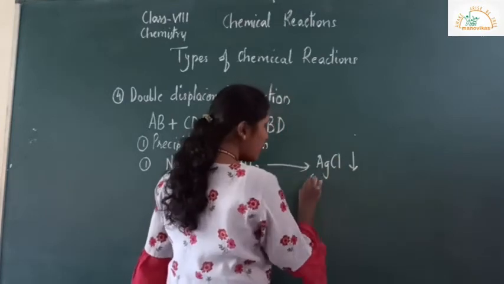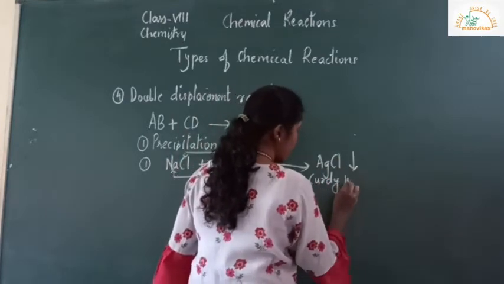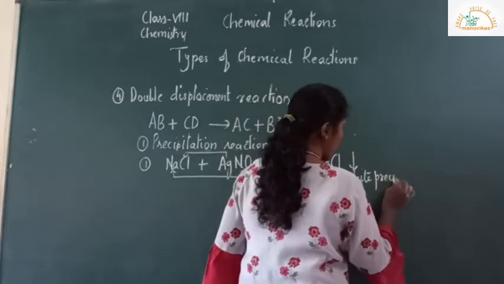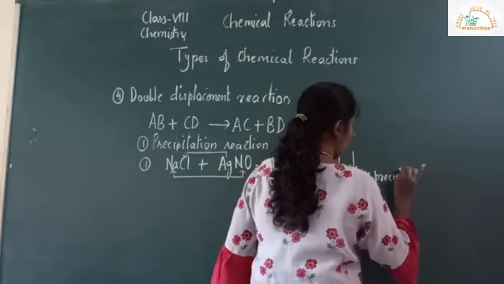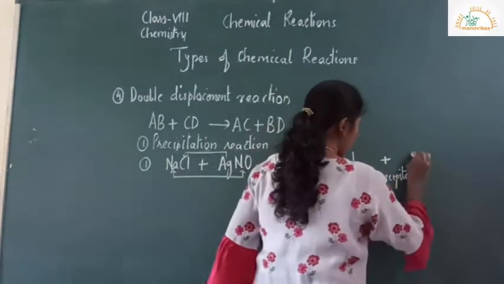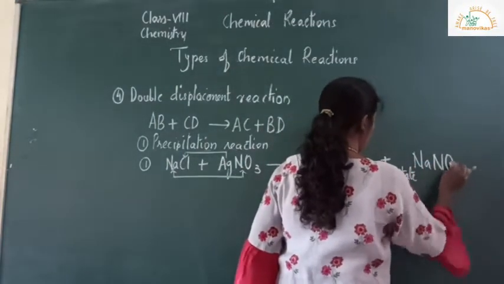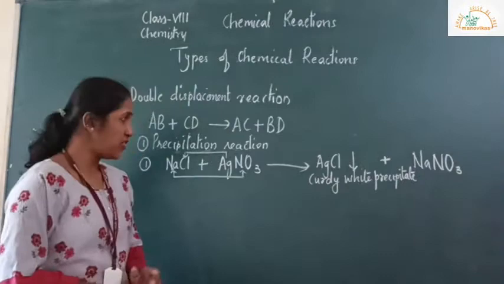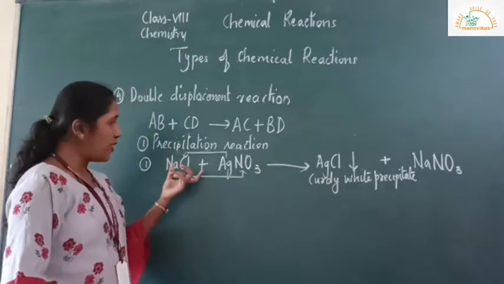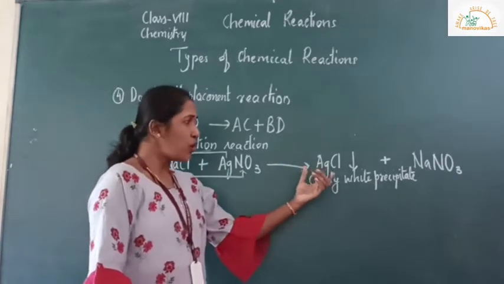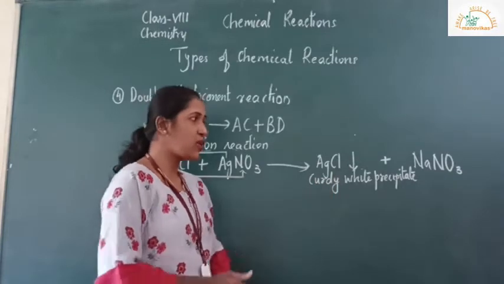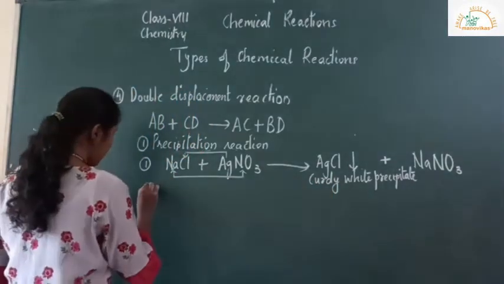This is the curdy white precipitate. Plus I will get sodium nitrate, NaNO3. Now you need to check if the equation is balanced. So your equation is already balanced. So basically what is happening, there will be the exchange of ions, out of which we will get the precipitate, that is an insoluble solid mass, and the other one will be the soluble solid.